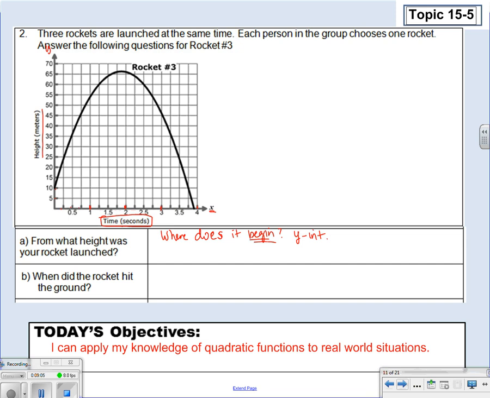The y-intercept is where the graph crosses the y-axis, and here's my y-intercept. The y-intercept is at (0, 10). This means at 0 seconds, for its initial launch, it is at a height of 10. So I'm going to answer the question: this is 10 meters.